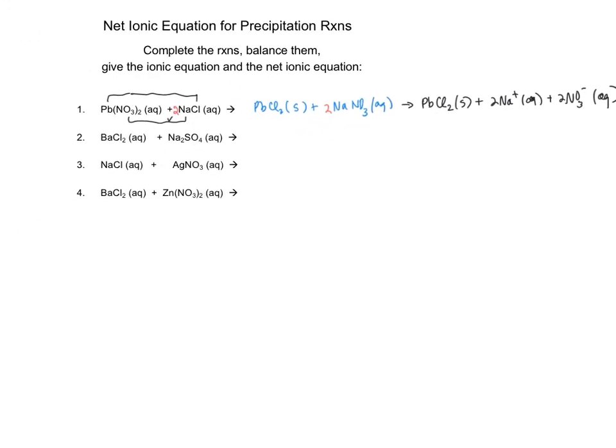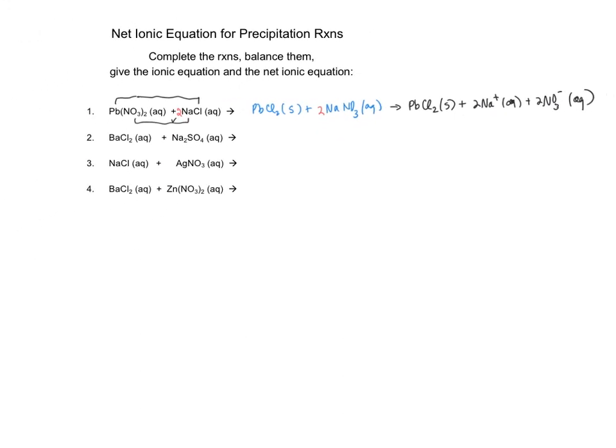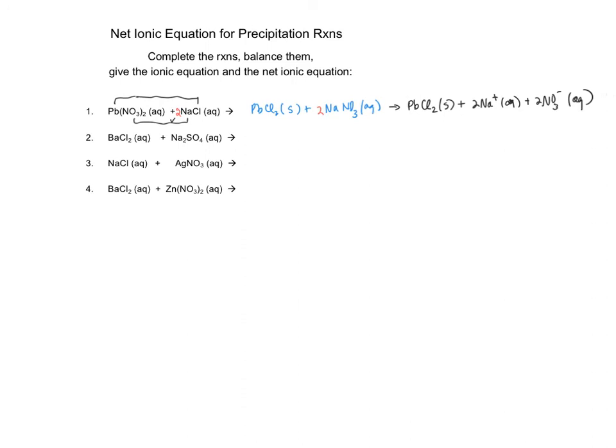So, I guess I probably do have to write this down below. I want to show you how to get to the net ionic equation here, so bear with me. I'm going to write this again. So you want to write, this is your molecular equation right here. Okay, so let's write that out first.